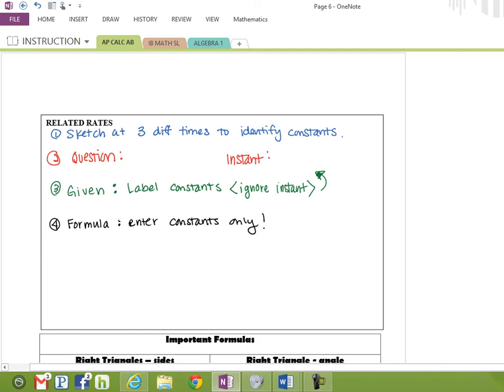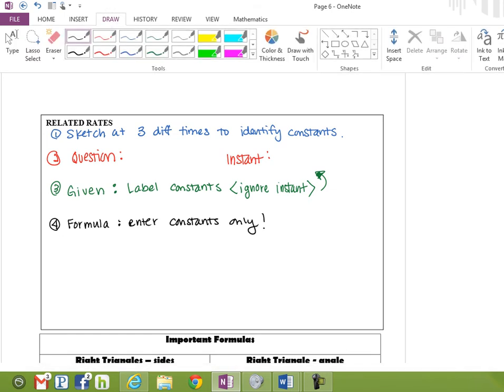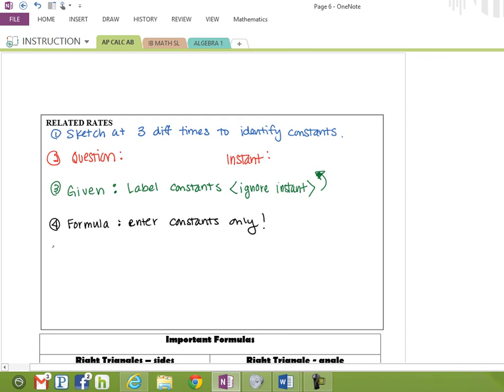So once we did that and we related everything we needed to, we were able to then take the derivative with respect to t.